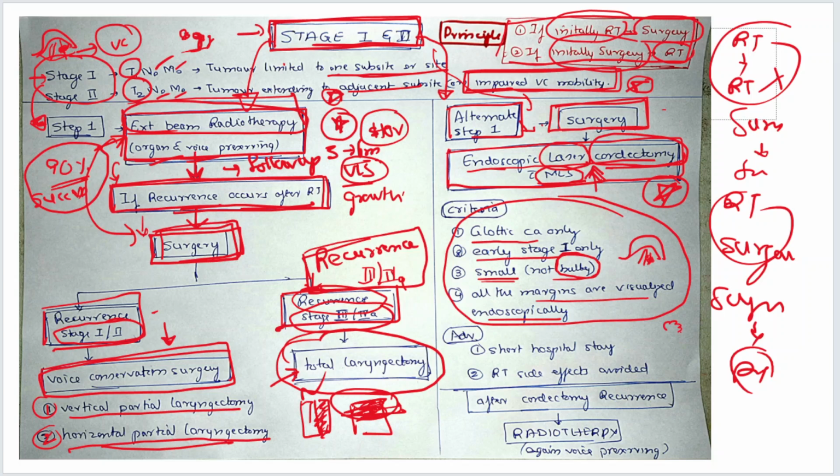Only when the entire margins of the vocal cords can be seen endoscopically, only then you go for endoscopic laser cordectomy with MLS. So these are a very small subset of patients who are presenting very early, stage 1. I am not even saying stage 2, early stage 1.